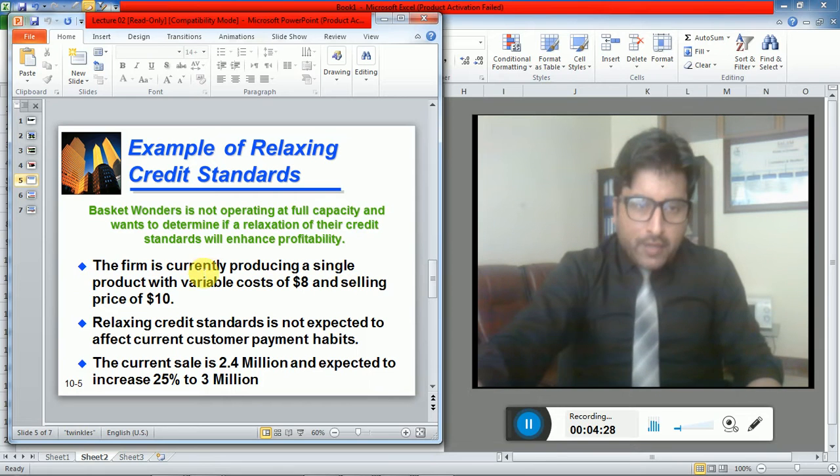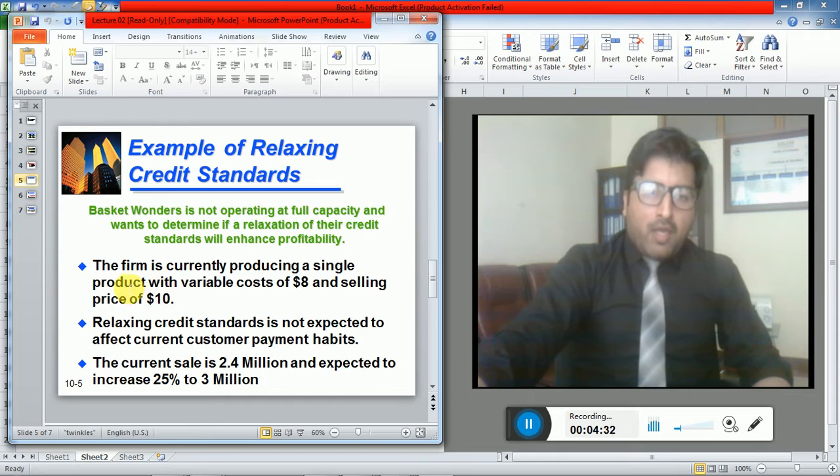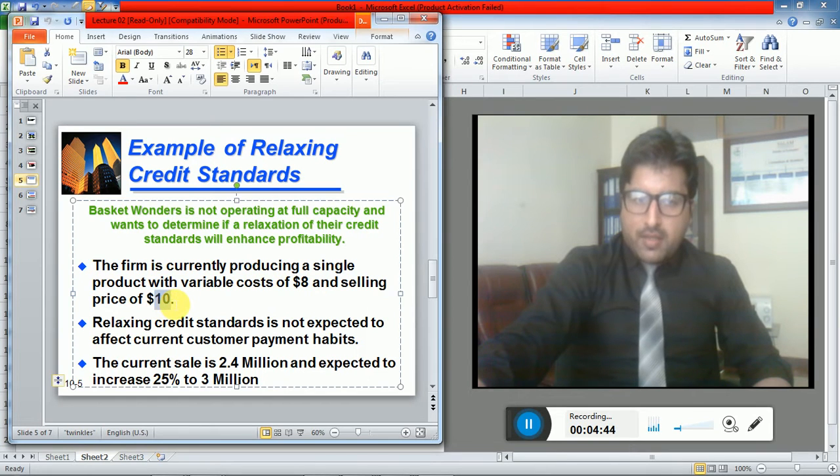So look here, what is the current data of the company? The firm is currently producing a single product with a variable cost of $8 and a selling price of $10. The product price is $10 and the cost is $8.